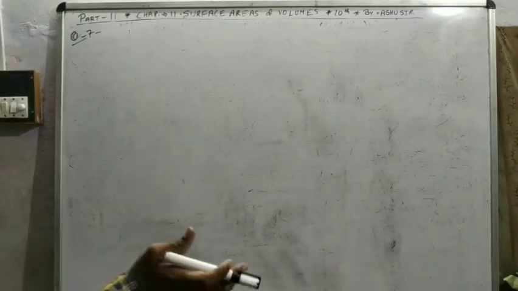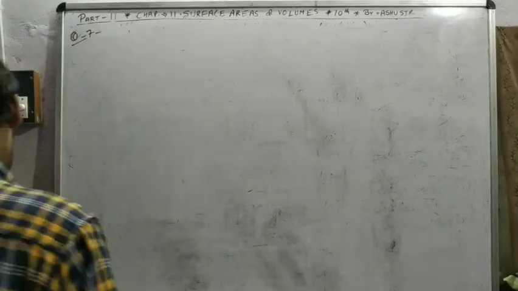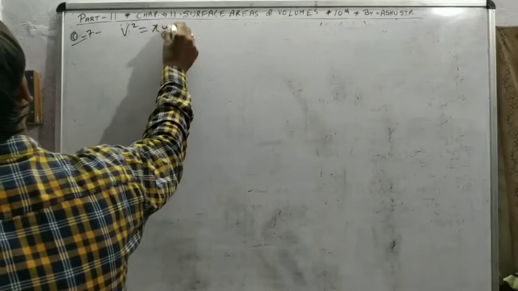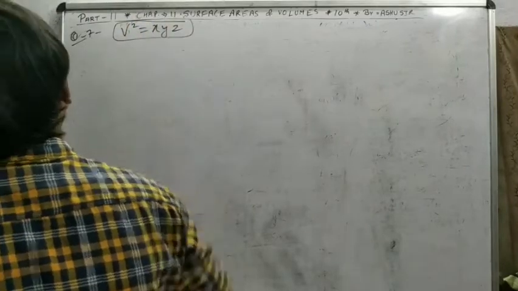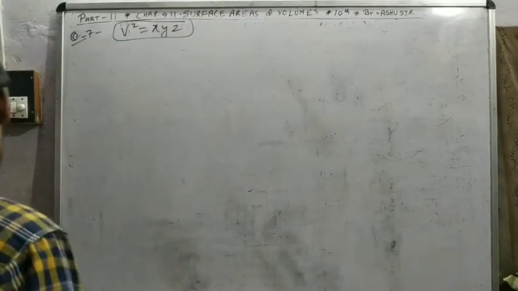See one question. The areas of 3 adjacent faces of a cuboid are x, y and z. If the volume is V, prove that V square is equal to xyz. A very simple question if you understand.